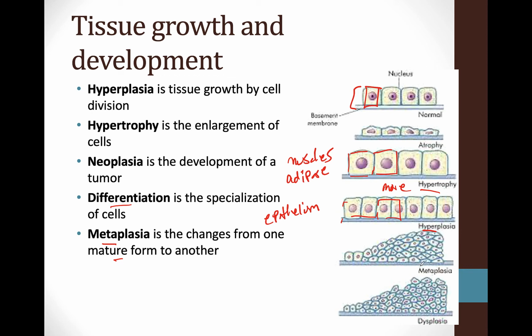Metaplasia happens typically with the growth of tumors, where a cell will mutate and then change into a different type of cell that we would consider cancerous. And then dysplasia is when some of those actually break off and then are able to move to different locations.